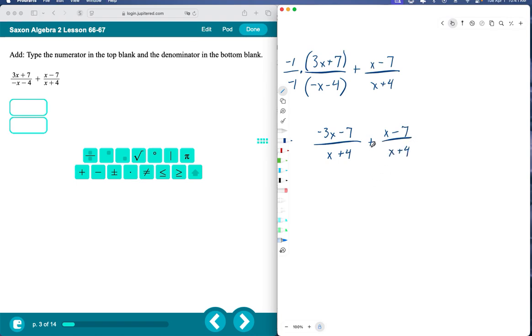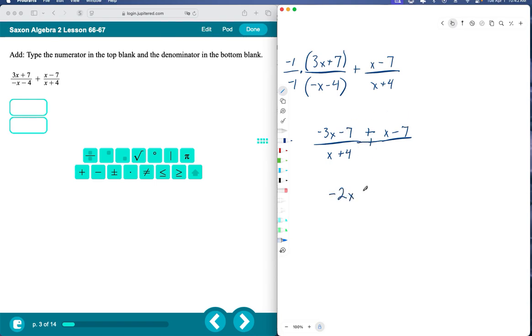So because this is positive, it doesn't change anything in here. So we can combine like terms. So basically I can just do this, and then I can make this one denominator. Right? So negative 3x and a positive x is going to be a negative 2x.